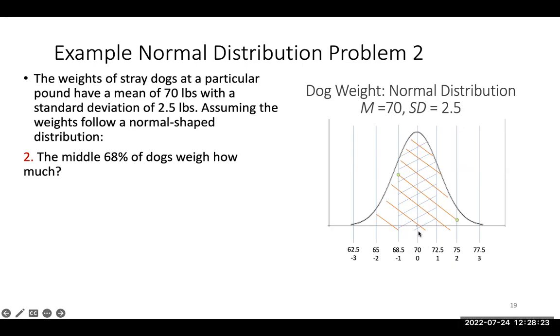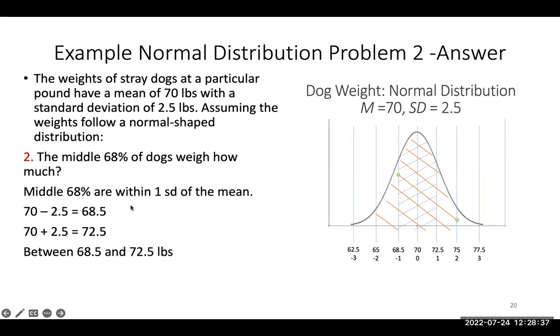Taking a look at the graph, you know it would fall within 68.5 and 72.5, because you see it's 1 standard deviation below the mean and 1 standard deviation above the mean. 70 minus 2.5 equals 68.5. 70 plus 2.5 equals 72.5. And you can answer between 68.5 and 72.5 pounds. That's the range of weights for the middle 68% of dogs.